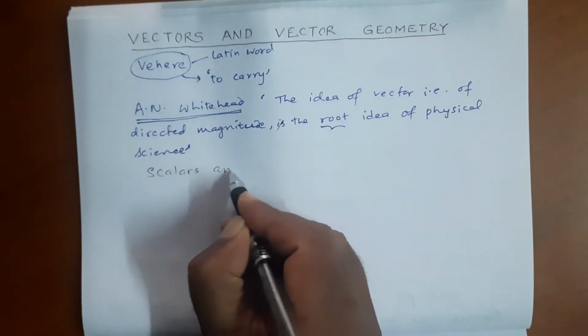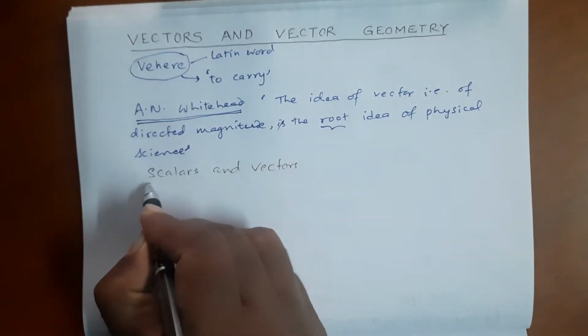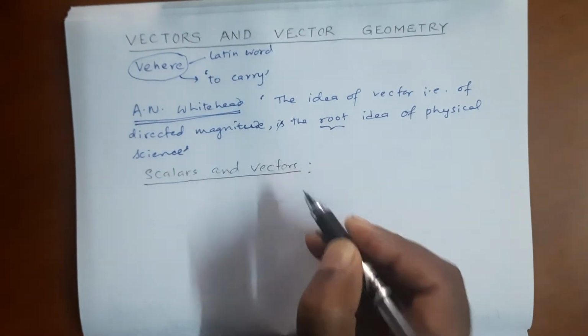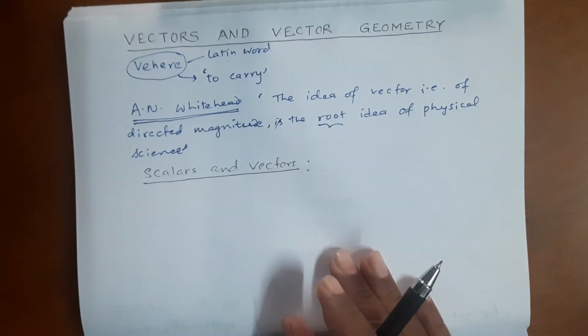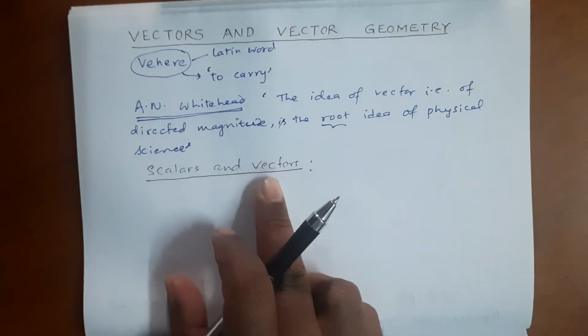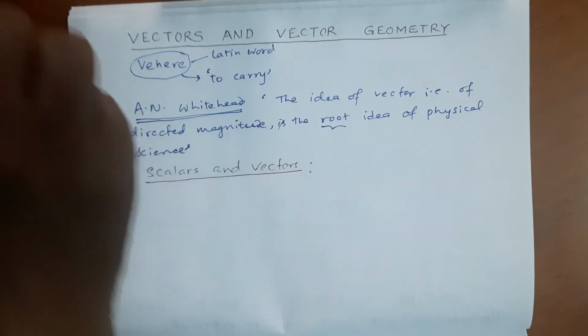Now let's discuss scalars and vectors. The quantities which can be measured are known as physical quantities, and vectors are the physical quantities which have magnitude as well as direction.